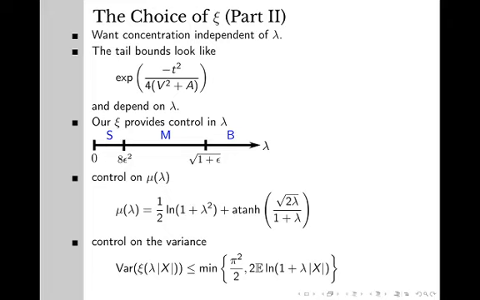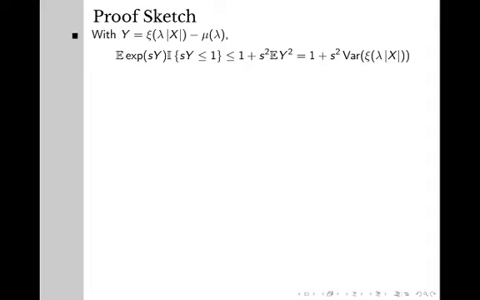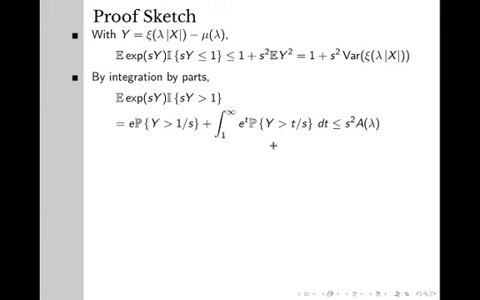To finish with a proof sketch, we split the moment-generating function into two terms. A second-order Taylor expansion of the exponential gives us a bound quadratic in S and depending on the variance, and integrating by parts the other term can eventually give a bound quadratic in S. The goal is to show that this tail probability decays exponentially in t.